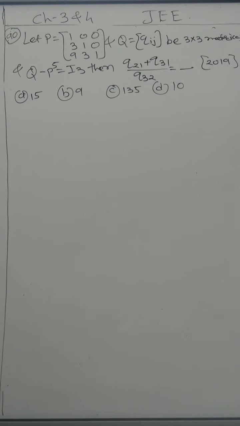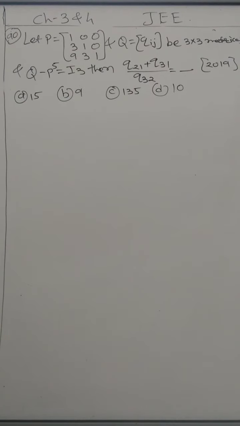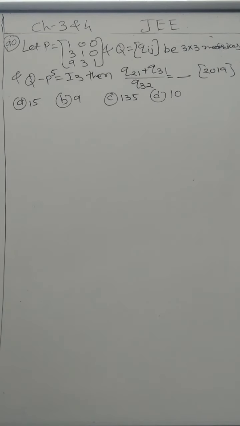This is also asked in 2019, and A is 15, B is okay. Question 90. Let P be [1, 0, 0; 3, 1, 0; 9, 3, 1], Q equal to [Qij] be 3 by 3 matrices, Q minus P raised to 5 equal to I3, then (Q21 plus Q31) upon Q32 is equal to dash.